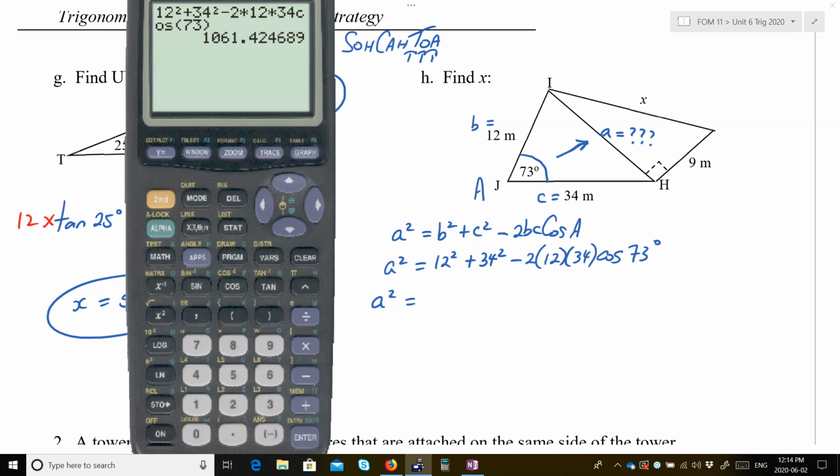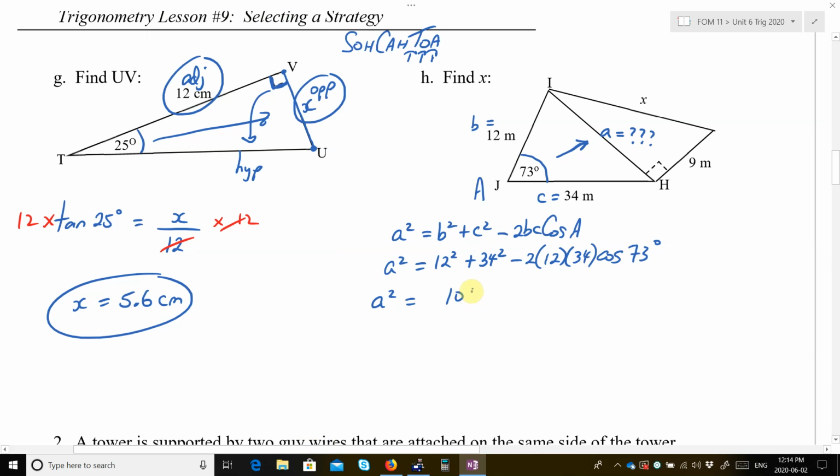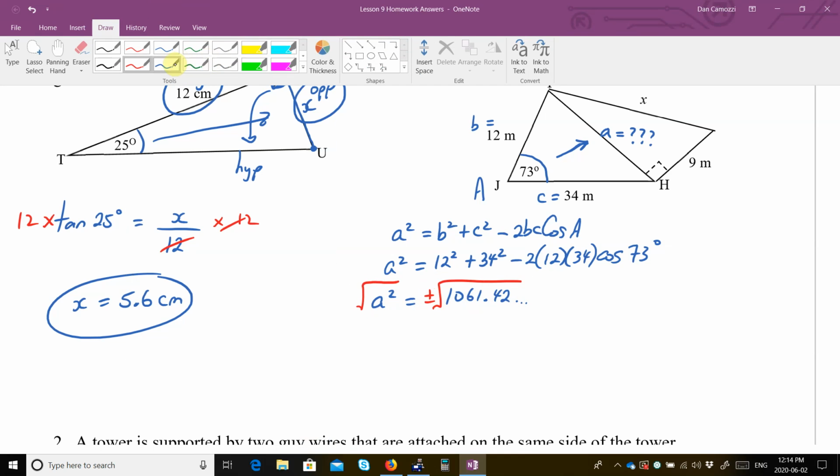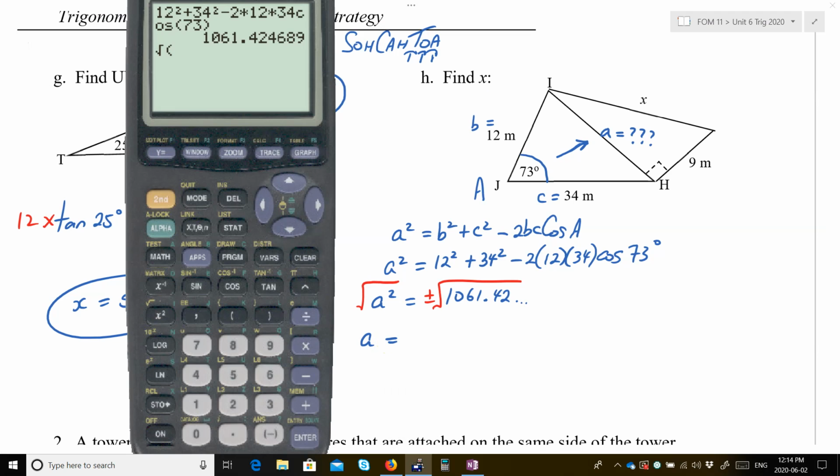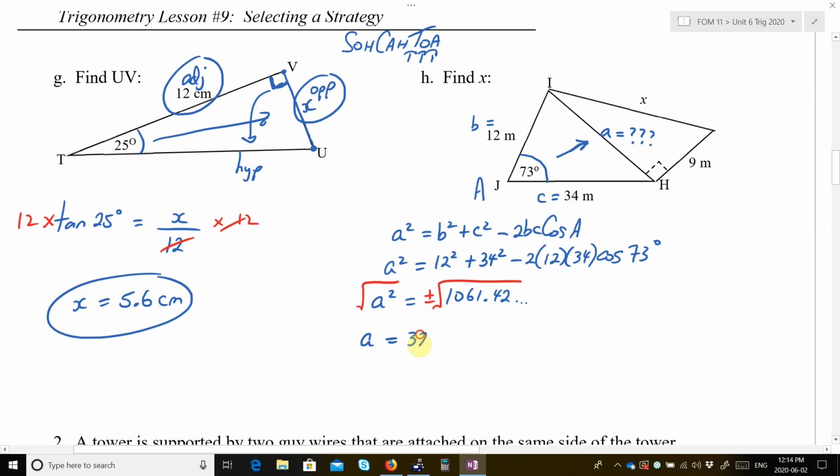Okay, so 1061.42 and a bunch of stuff. Let's square root that. Square root, plus or minus. So A is equal to the square root of that answer, and we get 32.6, let's say.